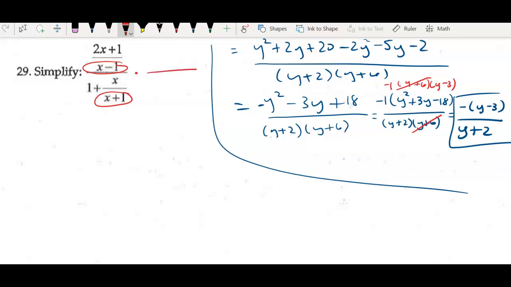Well, I'm going to multiply this whole fraction by x minus 1 over x. Notice they are different, x minus 1, x plus 1. So you can multiply the whole thing by x minus 1, x plus 1 if you choose.